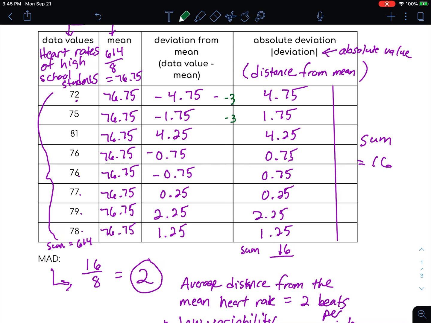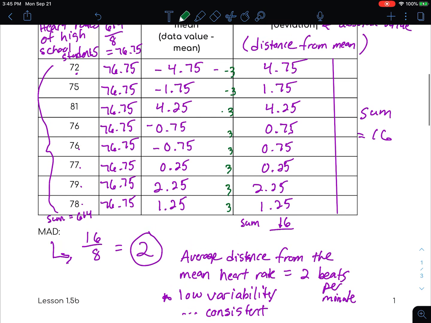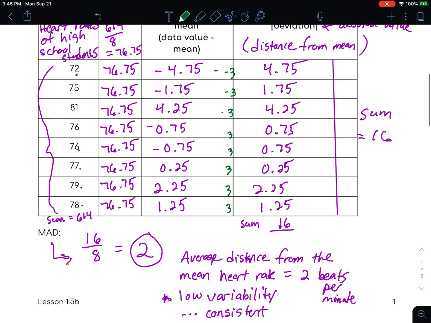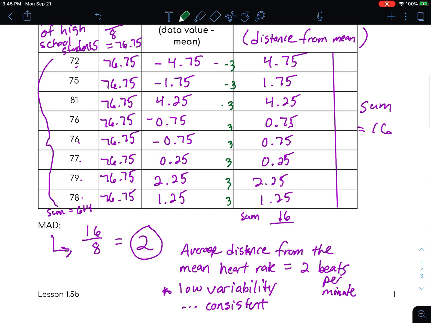But if I had a few that were like -3 and then a bunch more were +3, like all the rest of them were +3, then the average deviation wouldn't be 3, because if I average those all out, it's not going to average out to exactly 3. If they were all +3, or if the positives got balanced out by the negatives, it'd be 3.